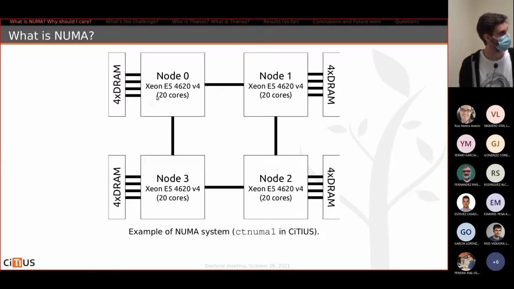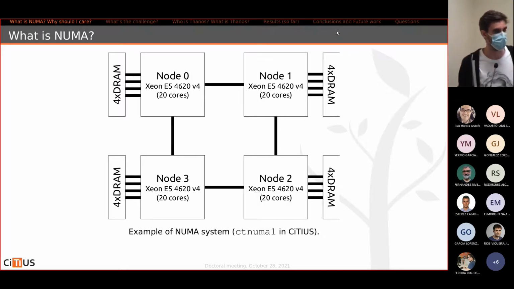The key point in NUMA servers is that whenever a thread running in a core, let's say in node 0, wants to do some operations with data in memory, it's much cheaper in terms of latency to access its own local memory than to go for remote data.